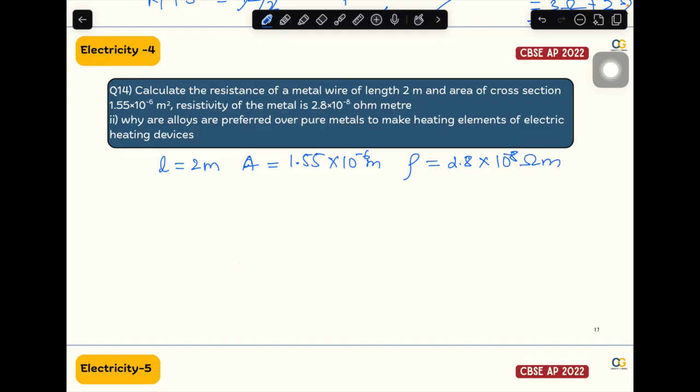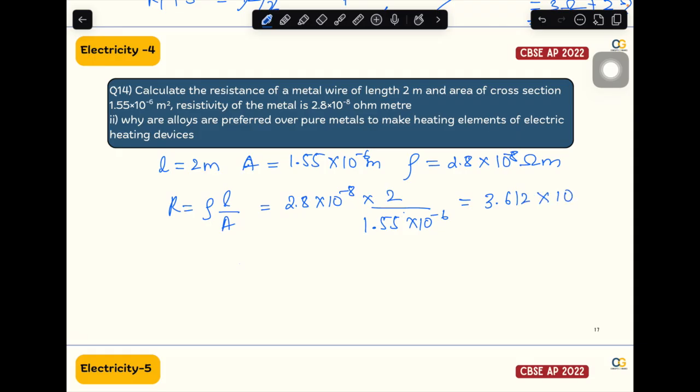We need to calculate the resistance. So resistance is given by rho L by A. So I will just substitute everything and I will find the resistance. So it's 3.612 into 10 to the power of minus 2 ohms. So this is what is the resistance.